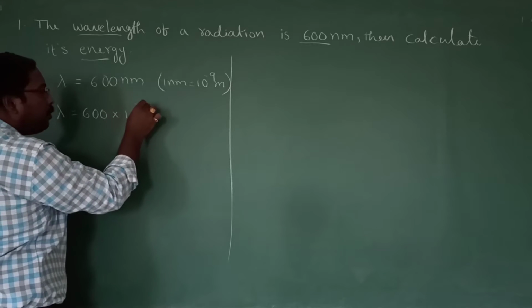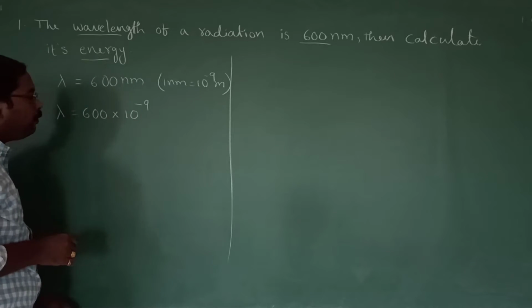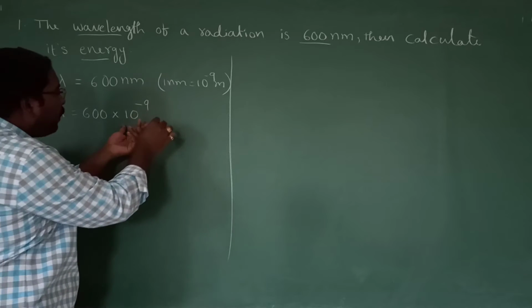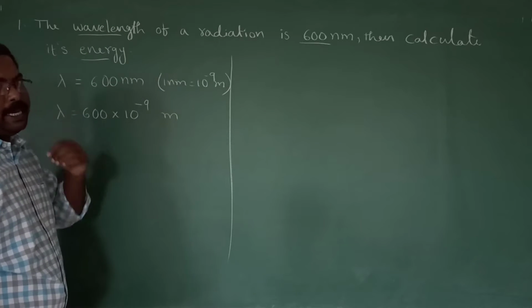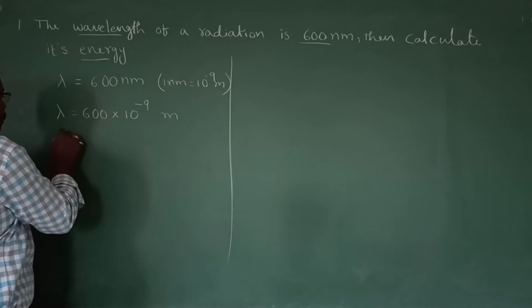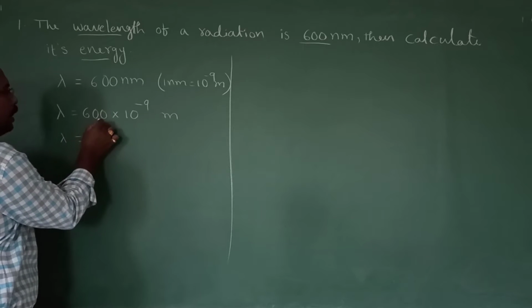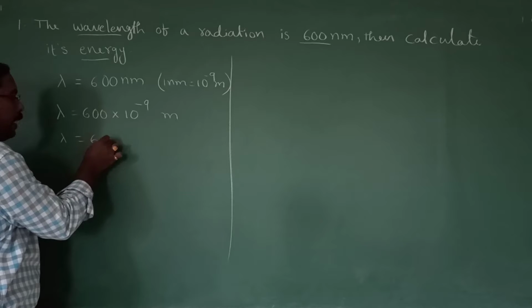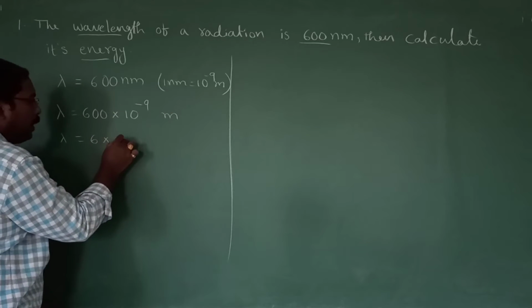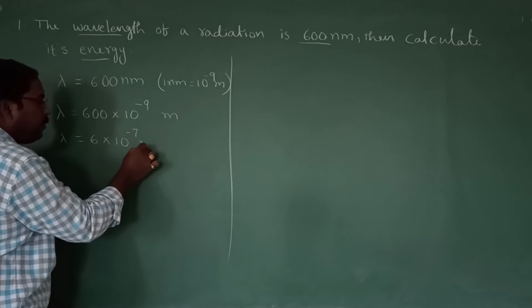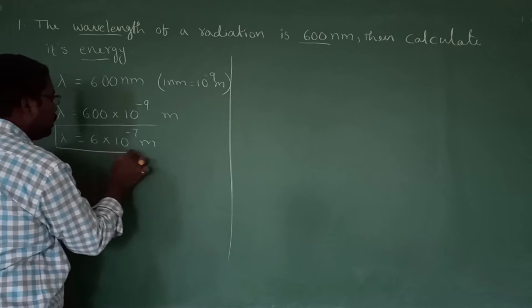Now we need to multiply the given value with 10 to the power minus 9, then we will get the data in terms of meters. After multiplying, 600 is 6 into 10 square, 10 square into 10 to the power minus 9. It will be 10 to the power minus 7 meters.